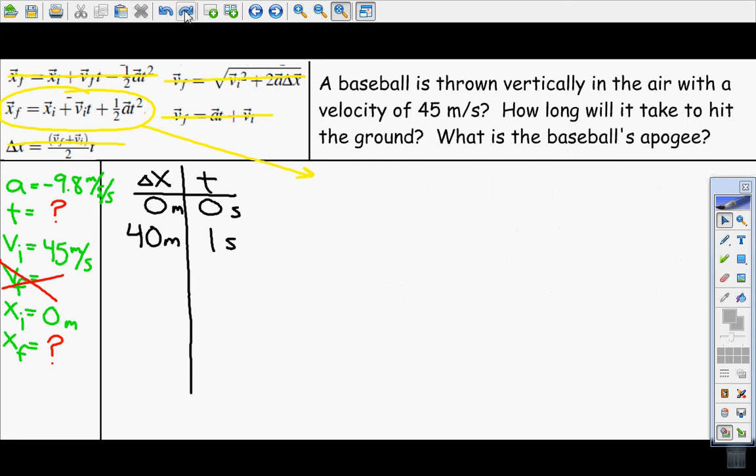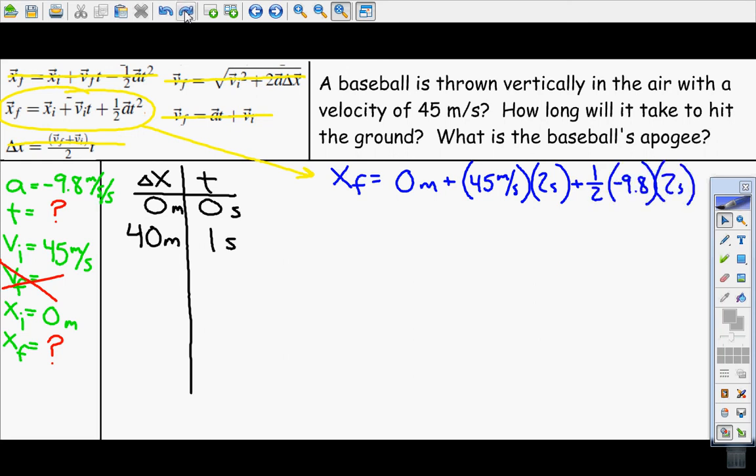All right, let's take a look at 2 seconds and see what happens in the second. So here's all my information. I'm going to speed through this because we should be able to set it up. Now, instead of 1 second, I'm looking at what happens with time being 2 seconds. So I'm plugging 2 seconds into this. And again, I can ignore the initial position.